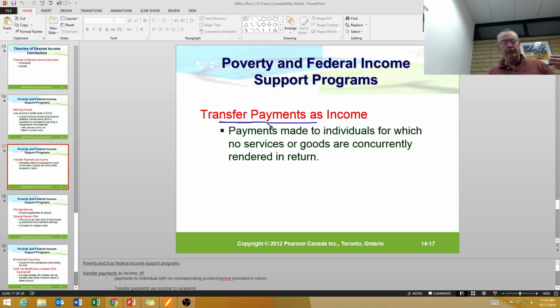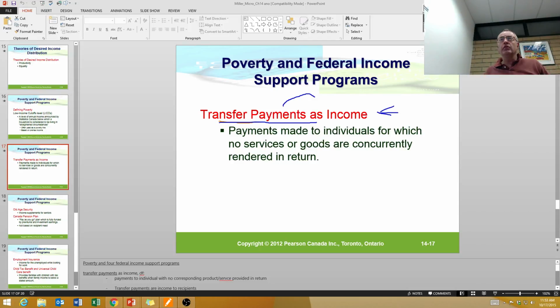So if you're unemployed, you receive unemployment benefits. If you're retired, you receive retirement benefits. If you're elderly, you receive some kind of old age pension. And so transfer payments include EI and old age pension payments.